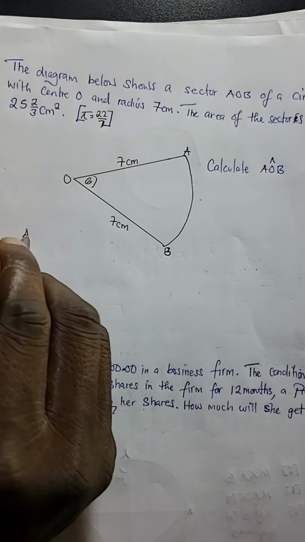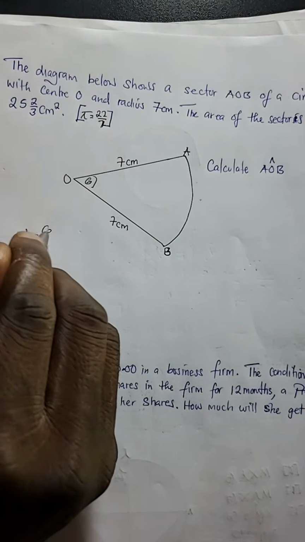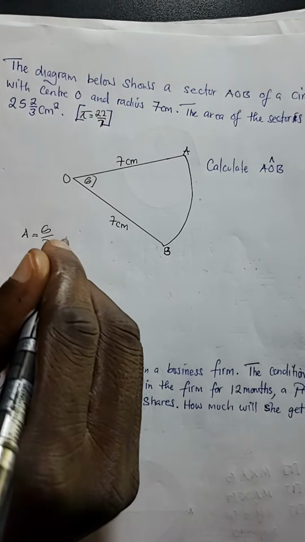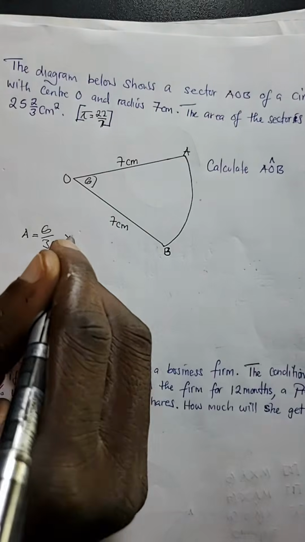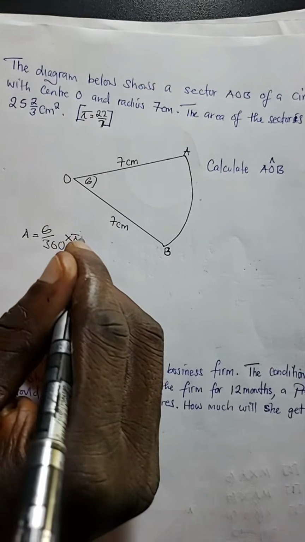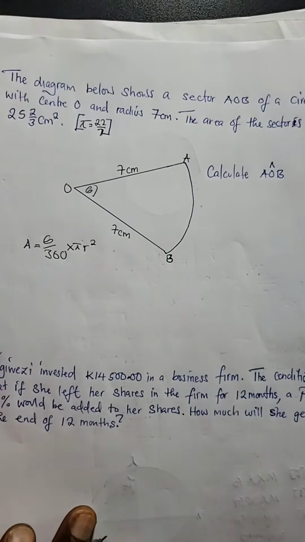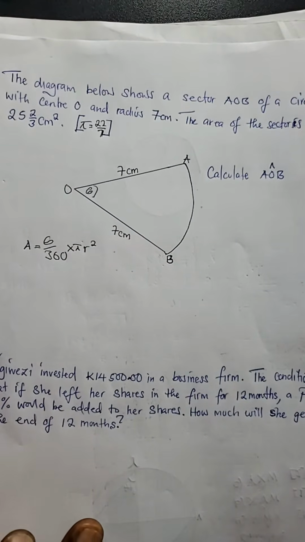So the formula is area equals theta over 360 times pi r squared. This is the formula for the area of a sector.